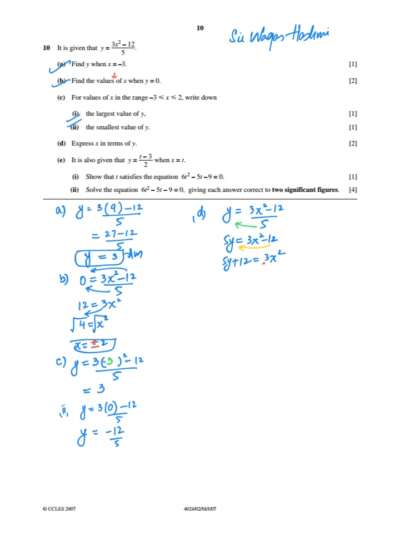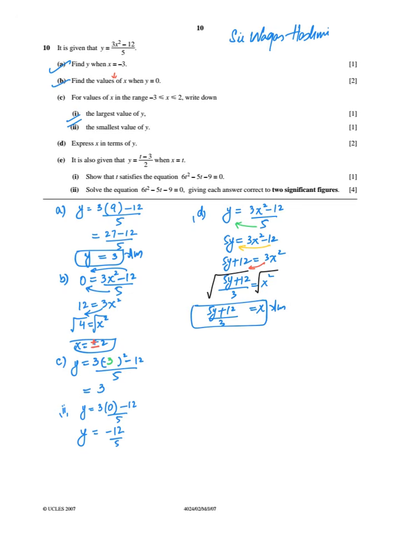After that, you need to shift 3, so that will be (5y plus 12) divided by 3 equals x square, and at the last you need to apply root on both sides, so that will be x equals root of (5y plus 12) divided by 3. That is your D part answer.